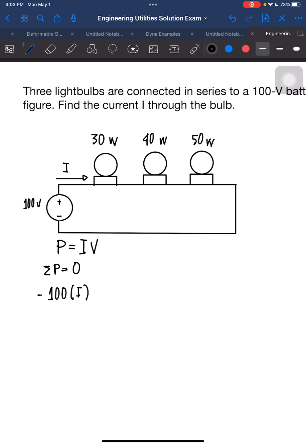negative kasi papasok sa negative na sign, plus 30 plus 40 plus 50 is equal to 0.